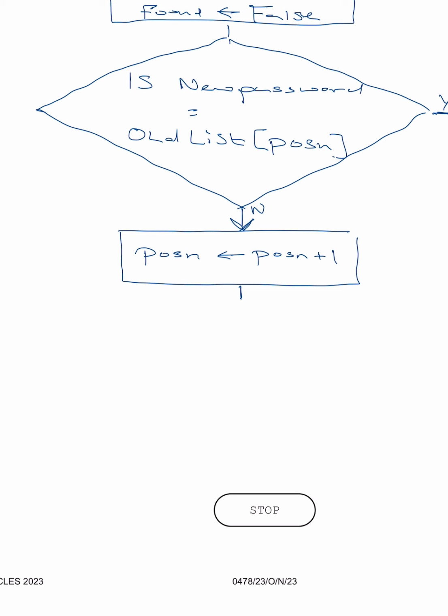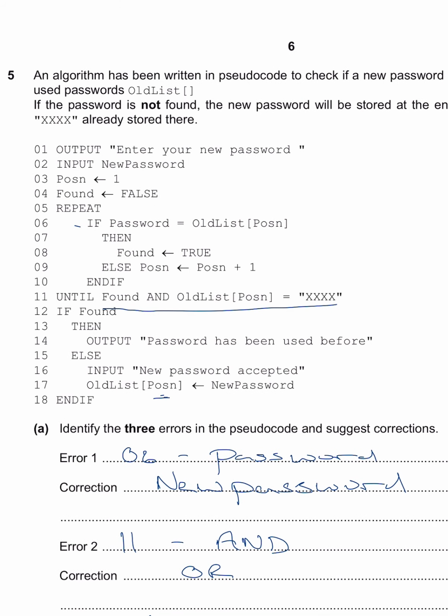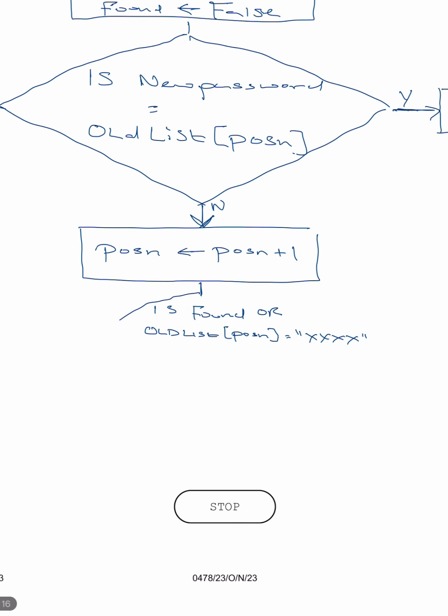So we've got to say, is found, or is old list POSN equals 1, 2, 3, 4, which means we've got to the end of the list. If either of these are true, then we break out of the loop.